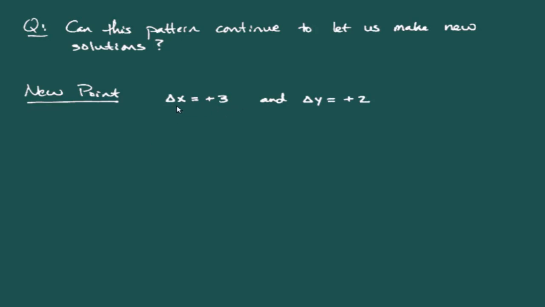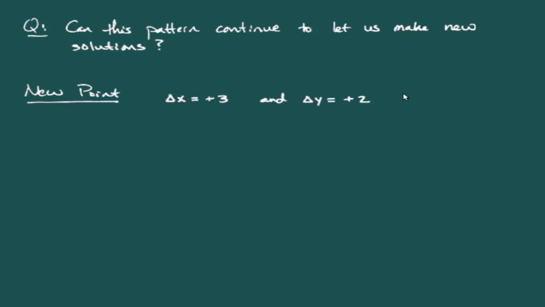Anytime we're talking about a change in a variable, this little triangle in front is called a delta. That's usually how we denote a change in a variable in mathematics. So you would say this as delta x, or the change in x is going to be 3. And likewise, the change in y in the pattern that we just observed was going to be plus 2.